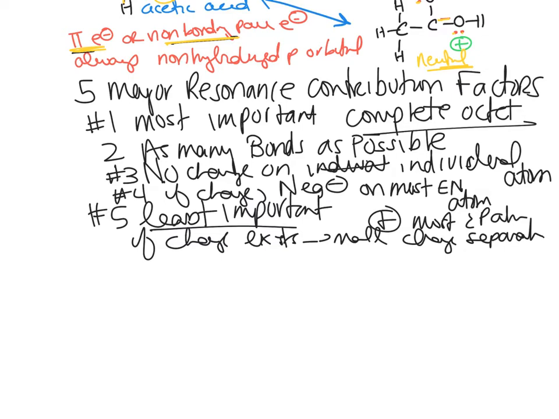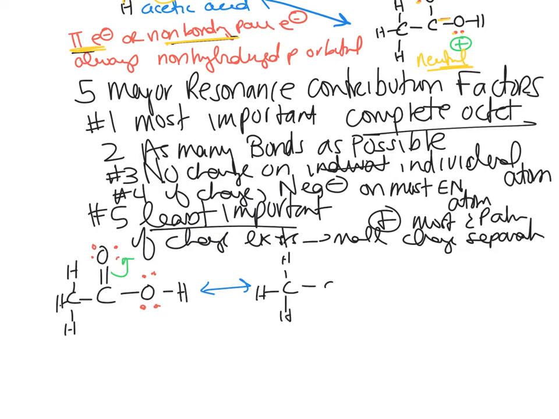We'll go ahead and draw acetic acid, and I'll put the lone pairs in red. And then we want to draw a resonance structure. We see that these electrons here, the pi electrons, can go to a non-bonding pair on the oxygen. We draw all our sigma bonds in again.